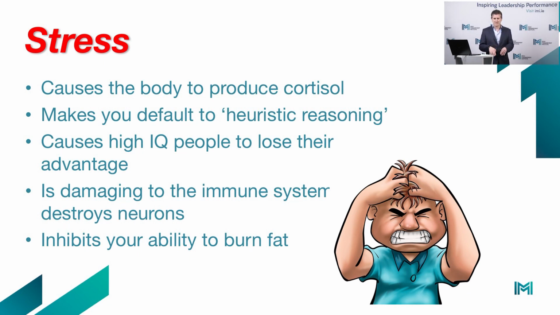That's a signal that you're stressed. So you're managing your diet, you're taking your exercise, but you still can't shift any weight. That's a really important signal, particularly for execs, that you're stressed. You mightn't realize that you're stressed, but your inability to drop your body fat is your body storing calories because it's stressed. It doesn't know what's going to happen next.